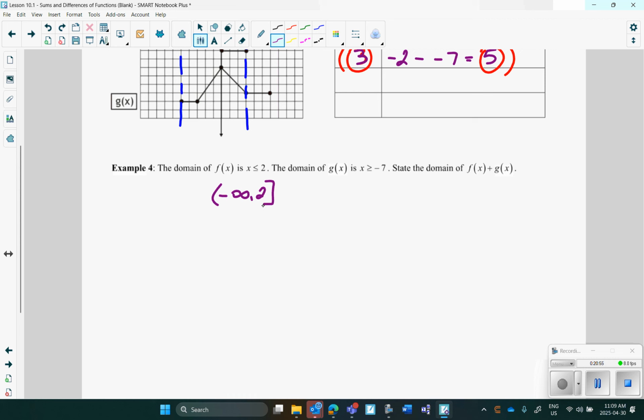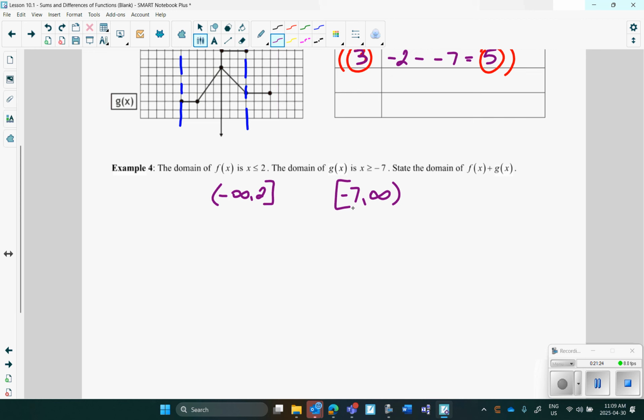In interval. g of x is every number greater than or equal to -7. So I start at -7 and I go up to infinity. State the domain of those two added together.